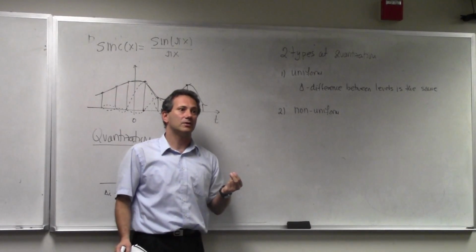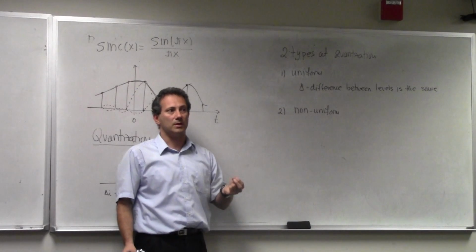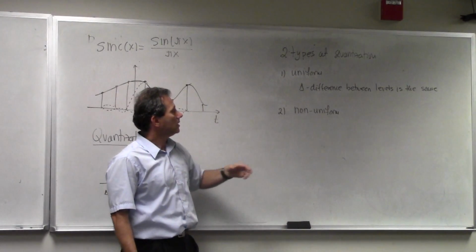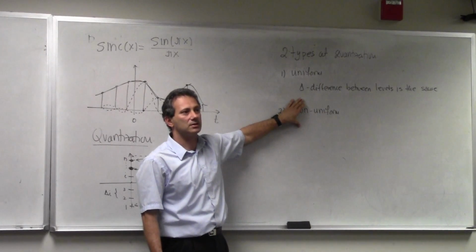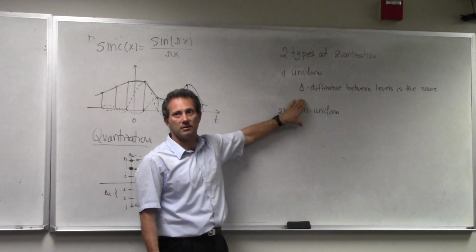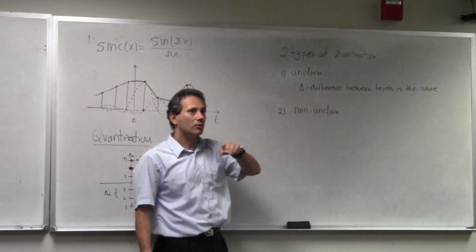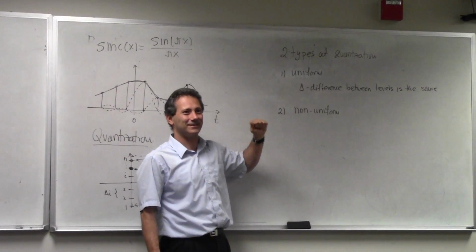When you build the hardware, you almost always build it uniformly to perform uniform quantization. It turns out that's not the best way to do things, and it results in a distortion of the signal that is bigger than what you could achieve. Why? I'll go through that in the very next lecture.